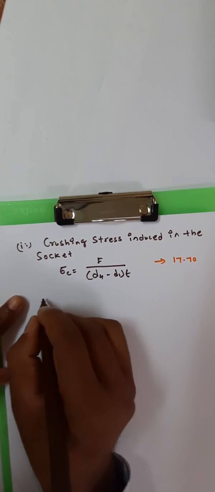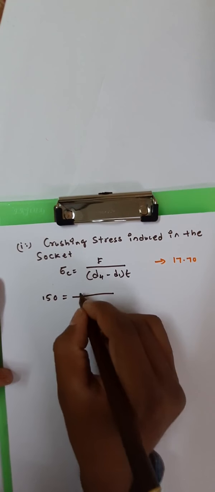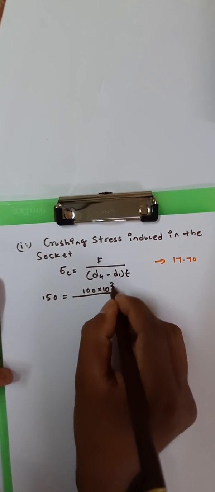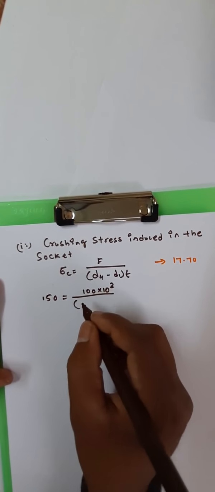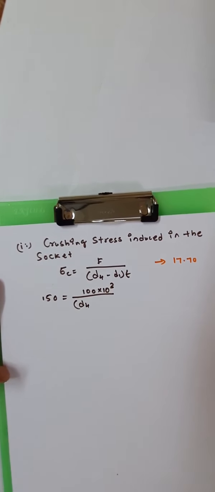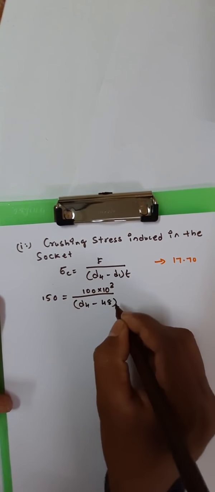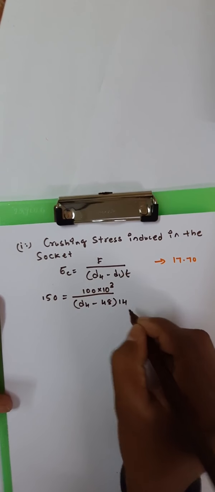We know the value of sigma c, that is 150, and we know the value of F, 100 into 10 to the power 3, divided by d4 minus d1. We don't know d4, we need to find out the diameter of the socket collar, d4. We know d1, that is 48, and the value of t, that is 14 mm.